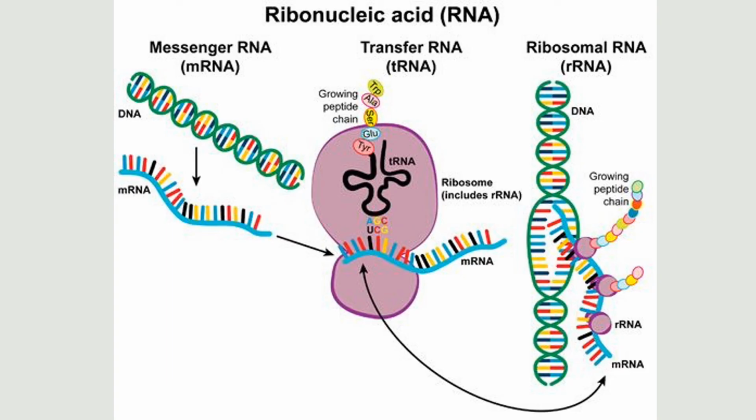So this diagram is just showing the 3 main types, I should say, of RNA in action. So blue circle here, messenger RNA.